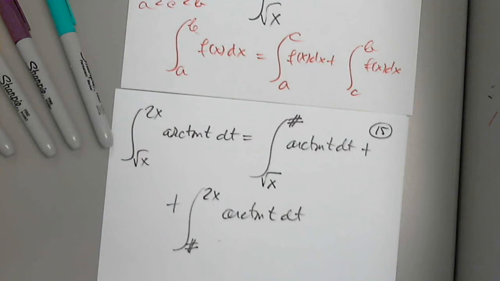If you want to put 0, put 0. If you want to put 5, put 5. If you want to put 1500, put 1500. It doesn't matter. It's not going to come into play anyway.